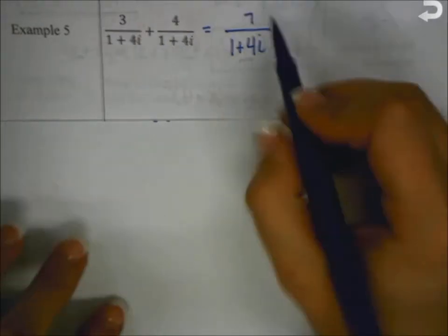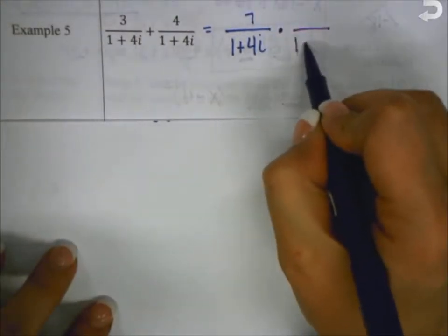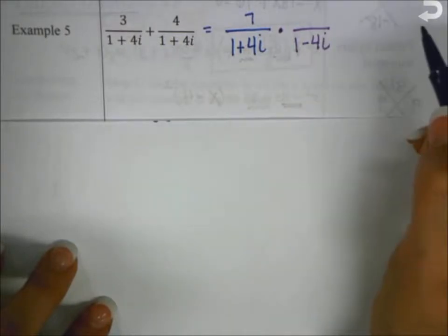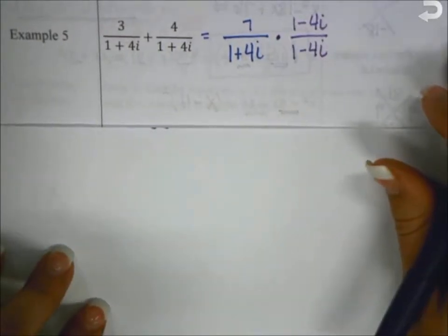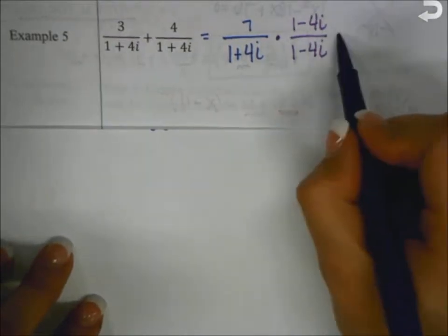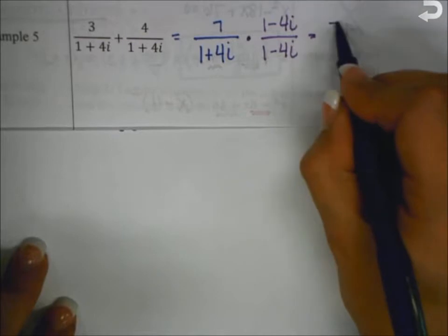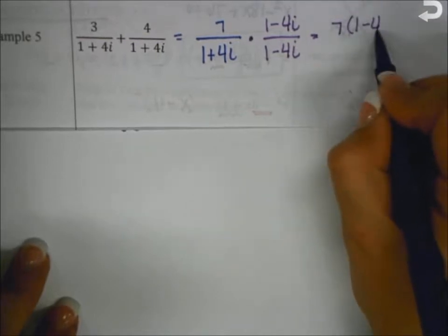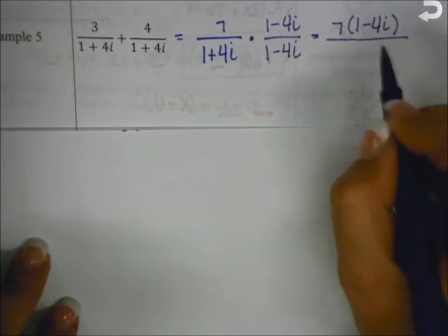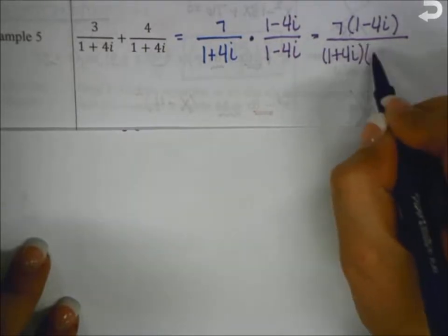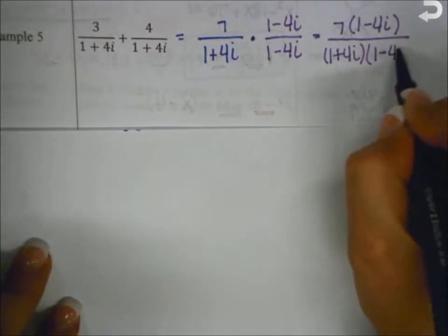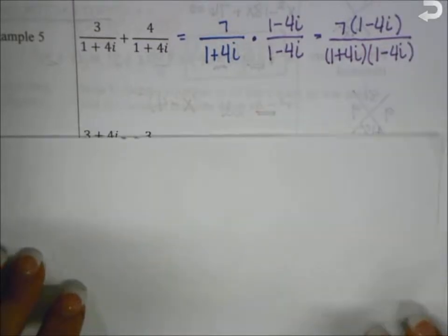So that's going to give me, in the numerator, 7 times 1 minus 4i, all over 1 plus 4i times 1 minus 4i. Now the numerator is easy. We just distribute. So that's going to give me 7 minus 28i all over.